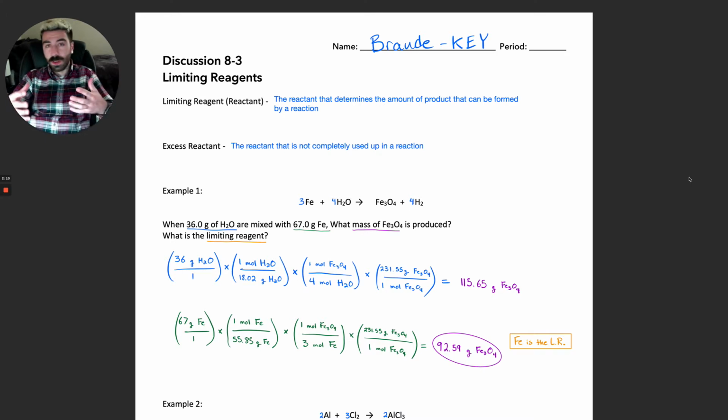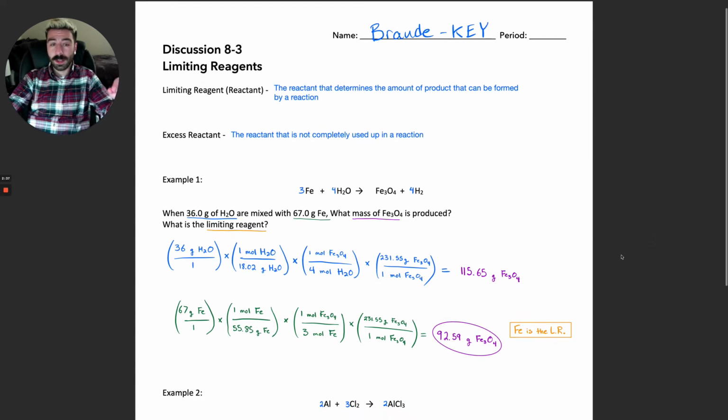The reason we saw that before is saying, hey, there was enough of this that reacted with excess this, so we didn't have to worry about limiting or excess. There's plenty, is essentially what that was saying in 8.2. But here in 8.3, we're going to get a little more in depth, and what you'll find out pretty quickly is that we actually already know how to do just about everything we're going to do in this.